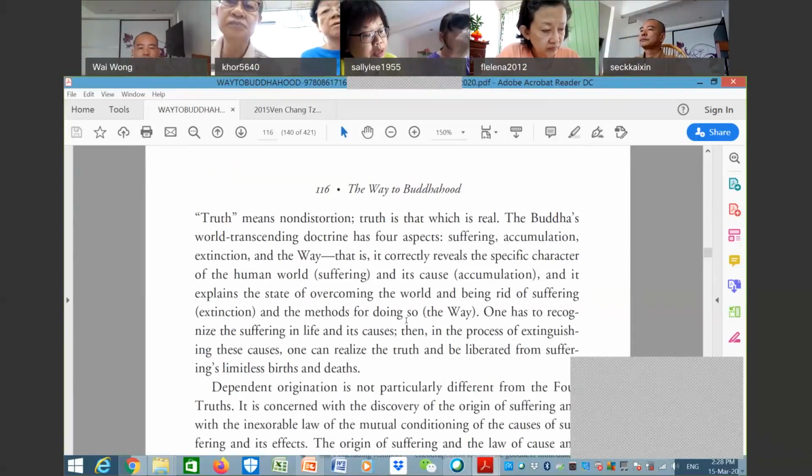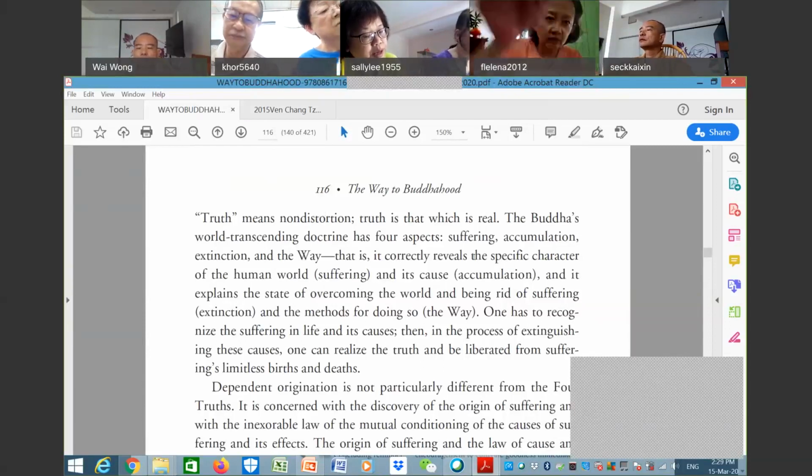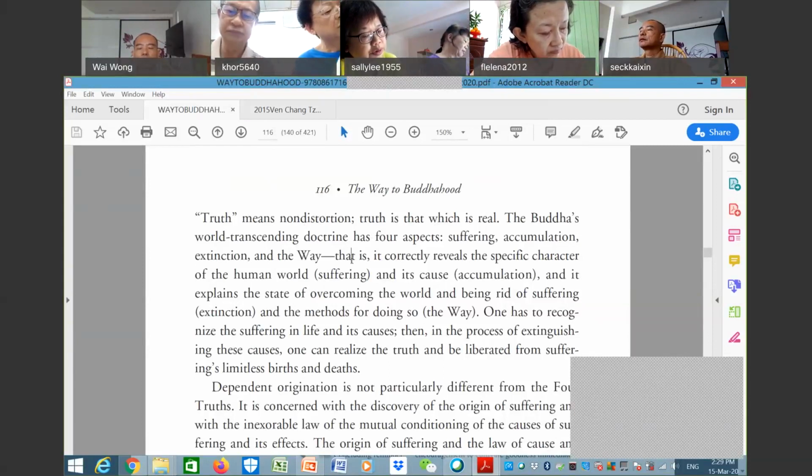Truth means no distortion. Truth is that which is real. The Buddha's world-transcending teaching has four aspects: suffering, accumulation, extinction, and the path. That is, it correctly reveals the specific factors of worldly suffering and its cause, accumulation, and it explains the state of overcoming the world, being rid of suffering, extinction, and the methods for doing so.